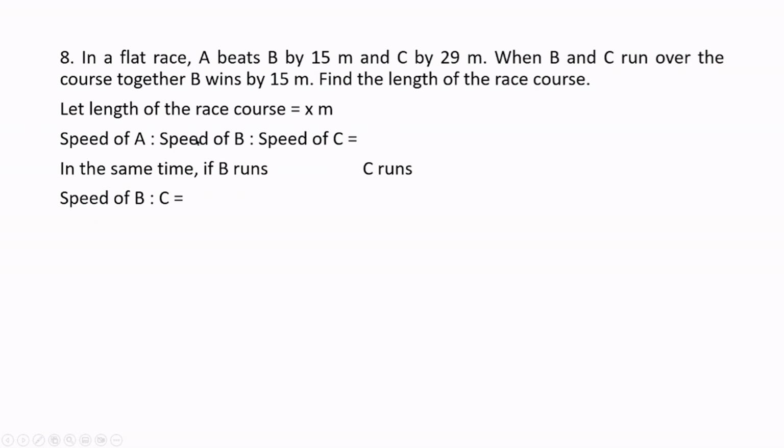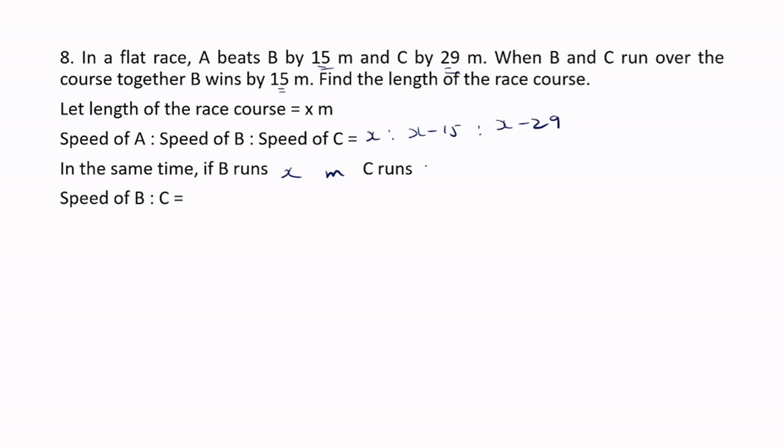So let the length of the race course be x meters. So speed of A is to B is to C will be, when A runs x meters, B runs x minus 15 meters and C runs x minus 29 meters. So speed of A is to B is to C is x is to x minus 15 is to x minus 29. And next here we have when B and C run over the course. That is in the same time, if B runs x meters, then here it is given B wins by 15 meters.